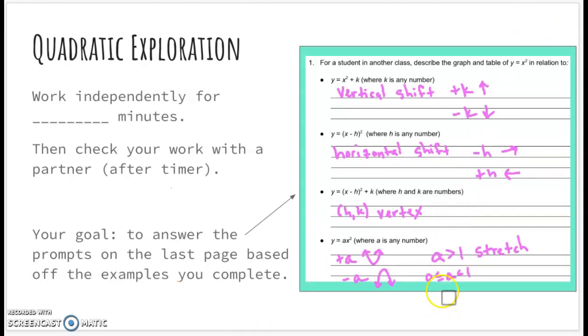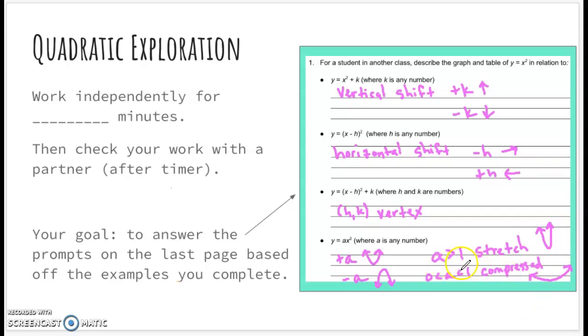As your a value gets smaller, between 0 and 1, not equal to 0, you have a compression. Stretched means taller and skinnier, the bigger your a value or leading coefficient is. Compressed, kind of like a muscle, means it gets shorter and fatter.